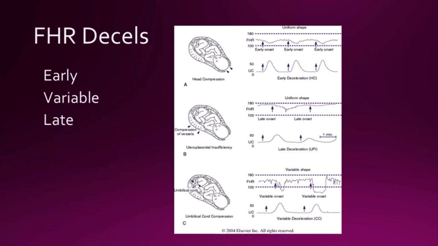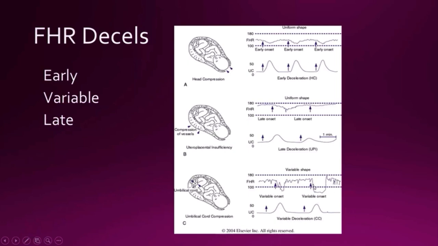Your variable decels are going to be letter C. So this is going to be your variable decels here. With your variable decels, they are very abrupt. They look like V's or W's or U's, but they drop really, really quickly. So see how fast that one drops and that one drops? They're very abrupt to drop the fetal heart rate, but they're also usually very abrupt to come back up.